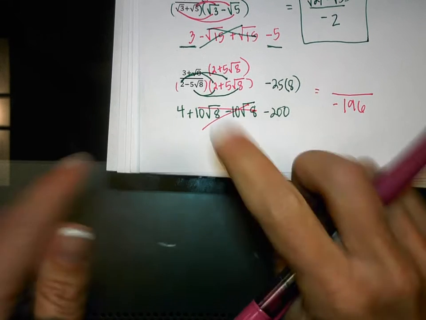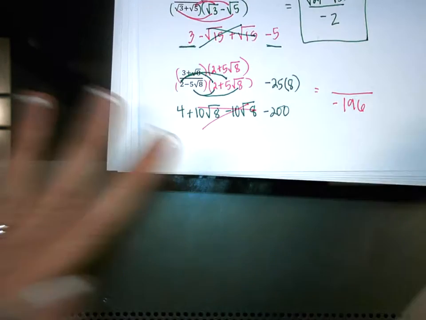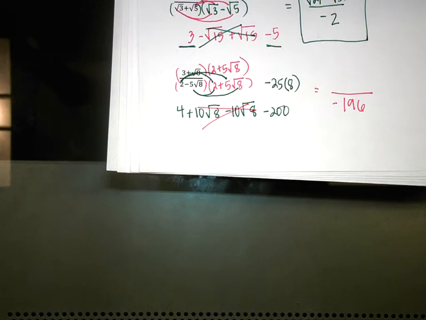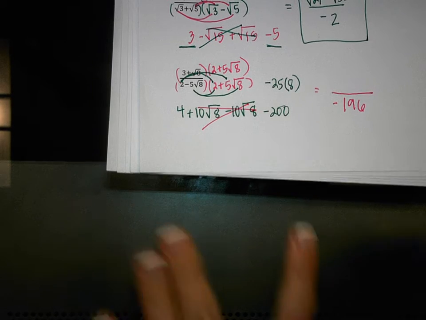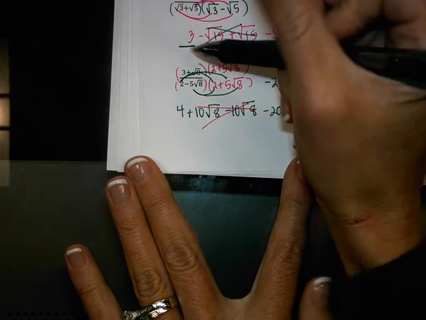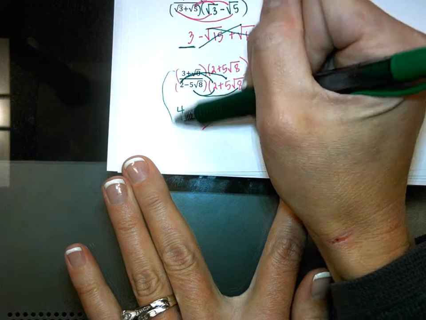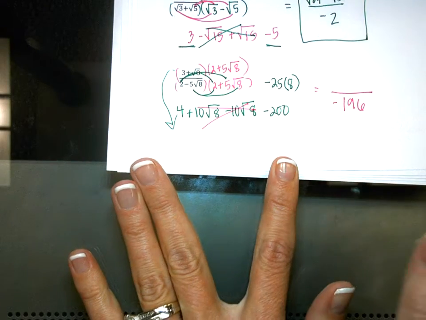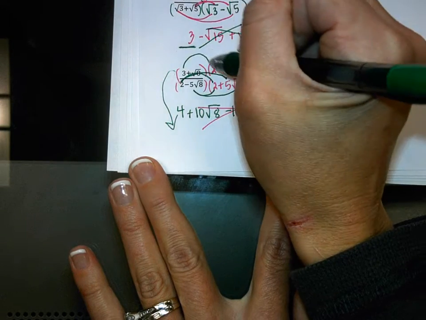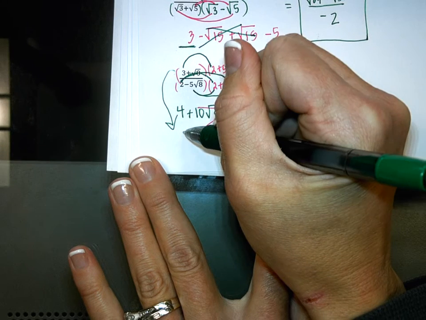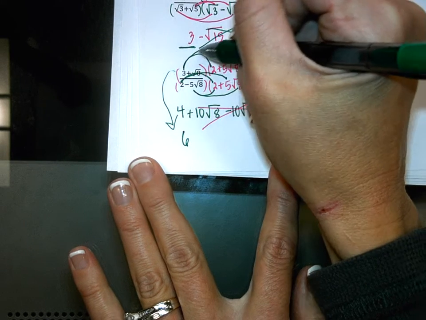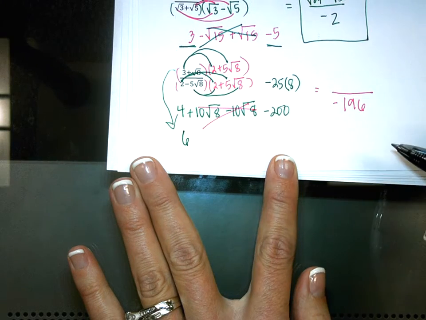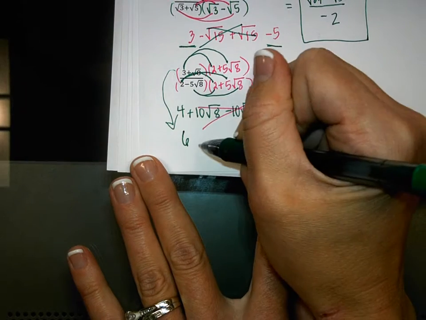So on the top, I have 2 terms times 2 terms there as well. So we have 3 plus root 8 and 2 plus 5 root 8. So we also need to multiply this one out. So I'm going to write this down here. 3 times 2 is 6. 3 times 5 root 8 is 15 root 8.